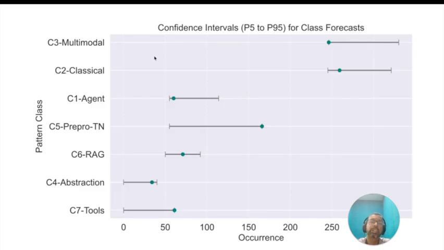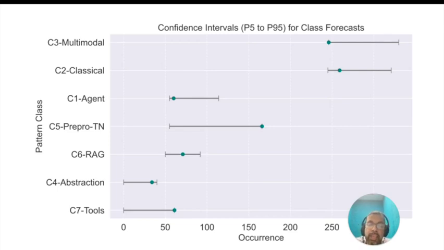And so this shows the results. For these 7 pattern classes, you can see the confidence, the true frequency distributions. There are a few interesting things. Each data point comes with error bars. If the error bars are too wide, for example if you consider C4 and C7, they can be 0 or 2 based on these error bars.